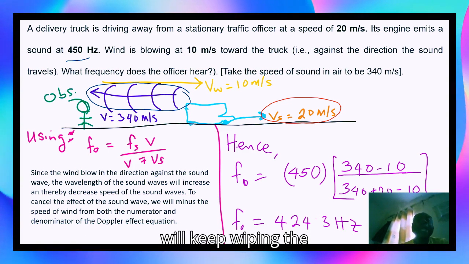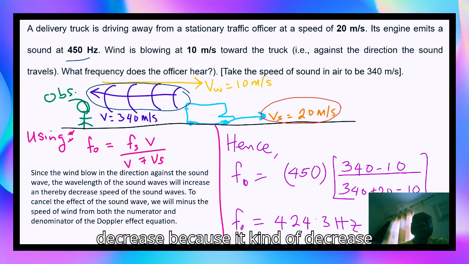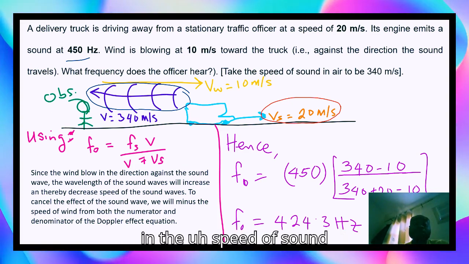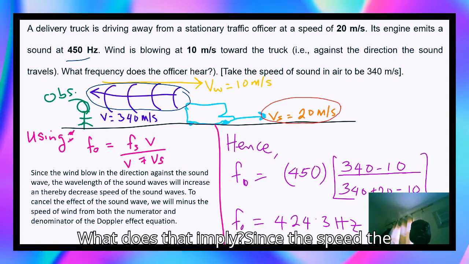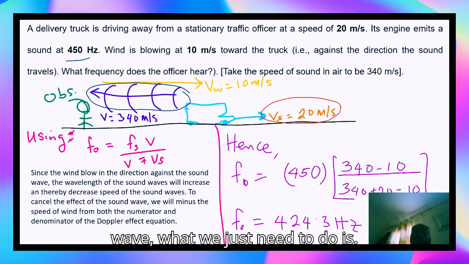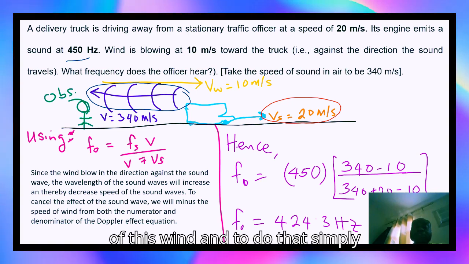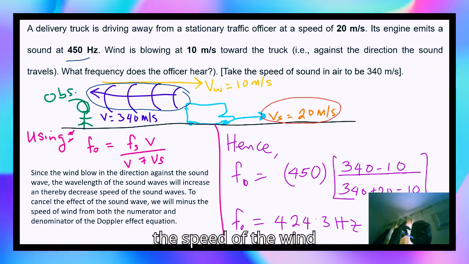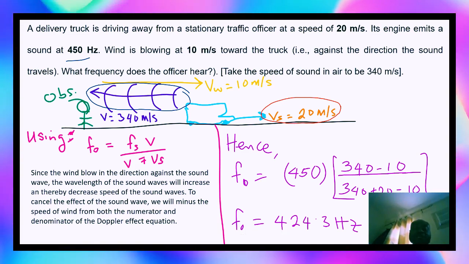It will keep widening the crest to crest, thereby causing a decrease in the speed of sound going to the observer. Since the wind is blowing against the sound wave, what we just need to do is cancel the effect of this wind, and to do that, simply subtract the speed of the wind from the speed of the sound wave.